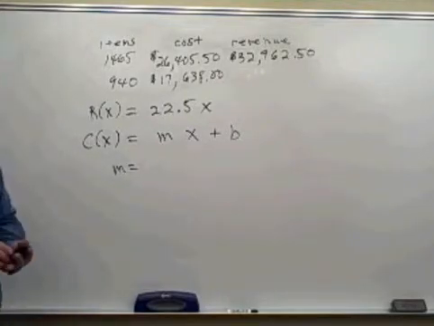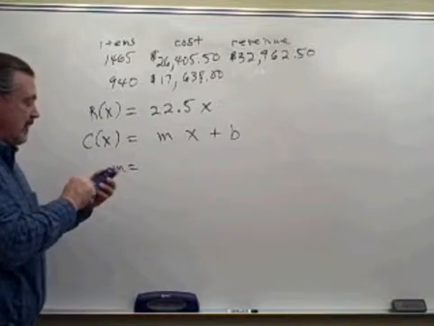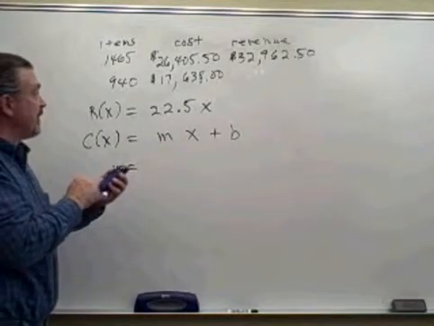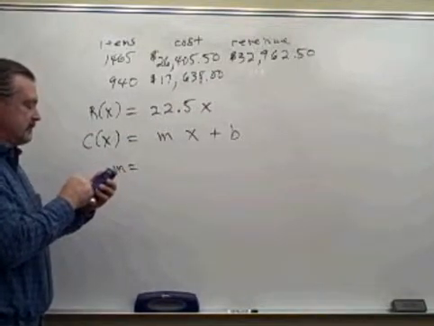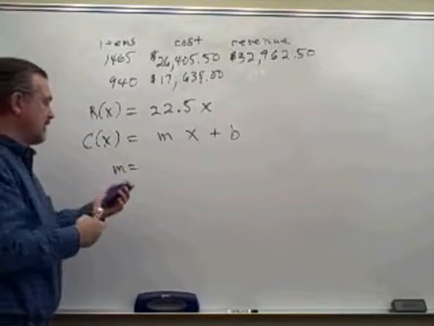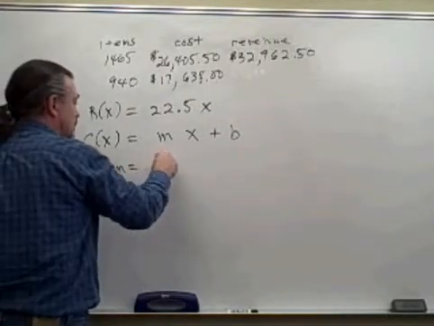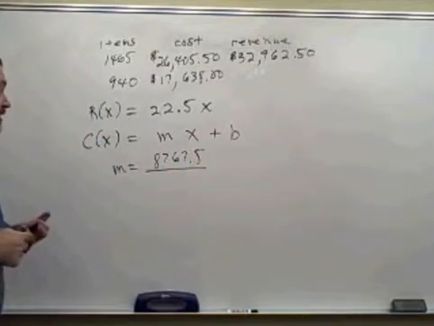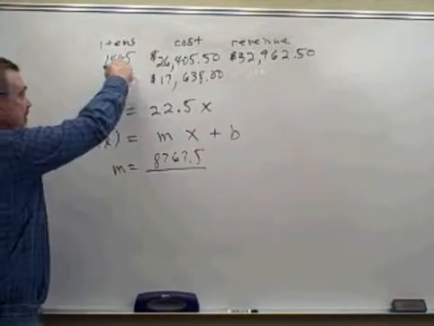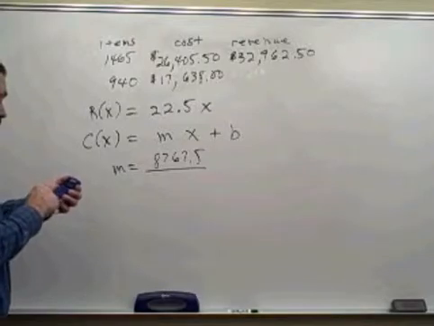Because when we take 26,405.5, subtract the 17,638, that gives us 8767.5. That's the change of cost, the change of y, over the change of x. So that's 1,465 minus the 940.